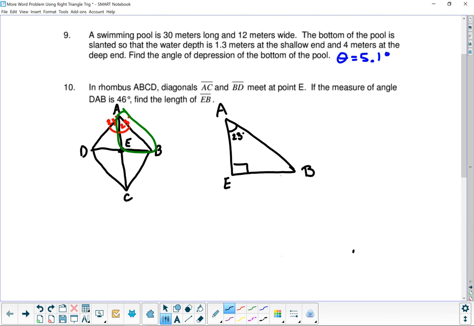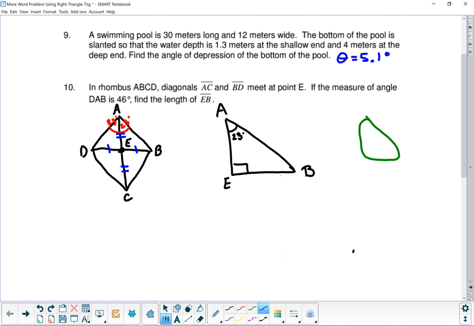You know what, guys? I'm not sure about this one. I think we don't have enough information. It's a rhombus, that means that this side is the same as that side, and this top part is the same as that bottom part. But we don't know anything about the lengths.